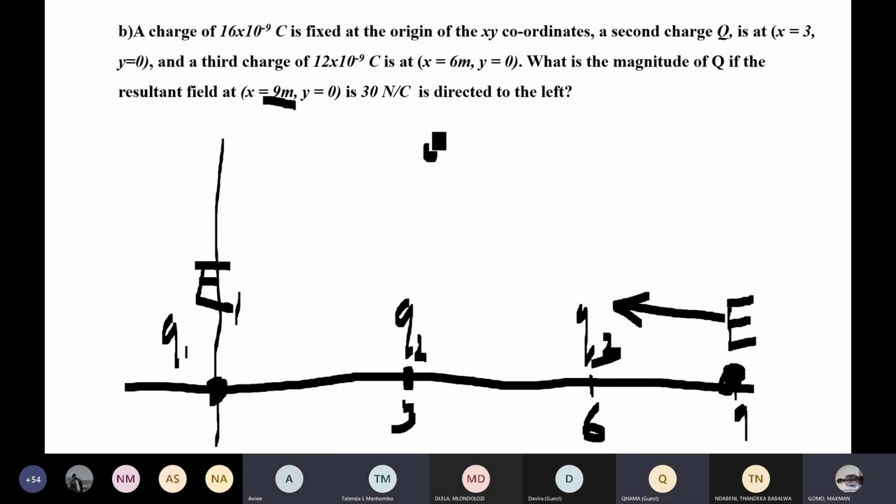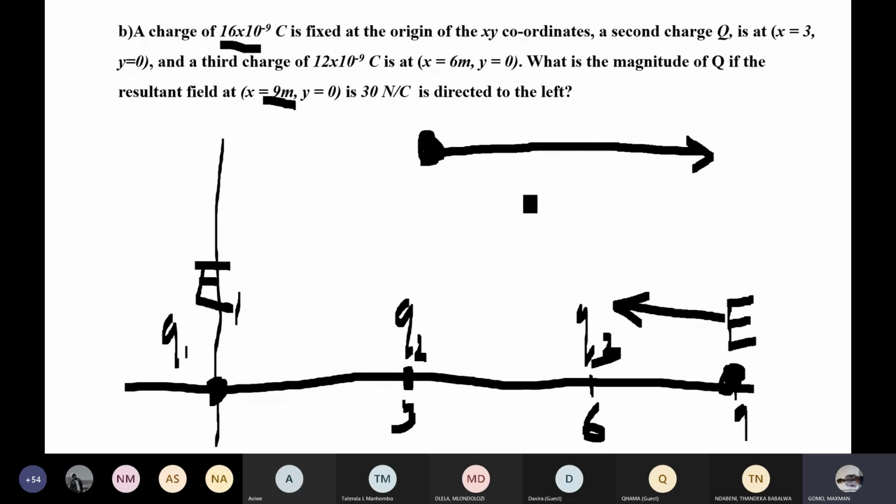Good. So let's say you have your point charge here. So the effect of E1, since we are told from the question that Q1 is positive, is going to force the point charge to go this side at a distance of what?